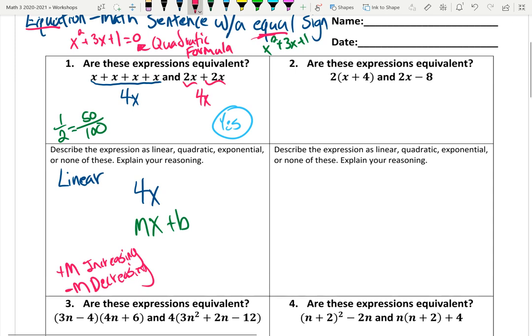And then this b is going to tell me the y-intercept. Now you might be asking yourself, hey, I see a 4 is m, I see the x, where's the b? Well, the intercept's at 0 where we saw it. Adding nothing is the same as representing it.